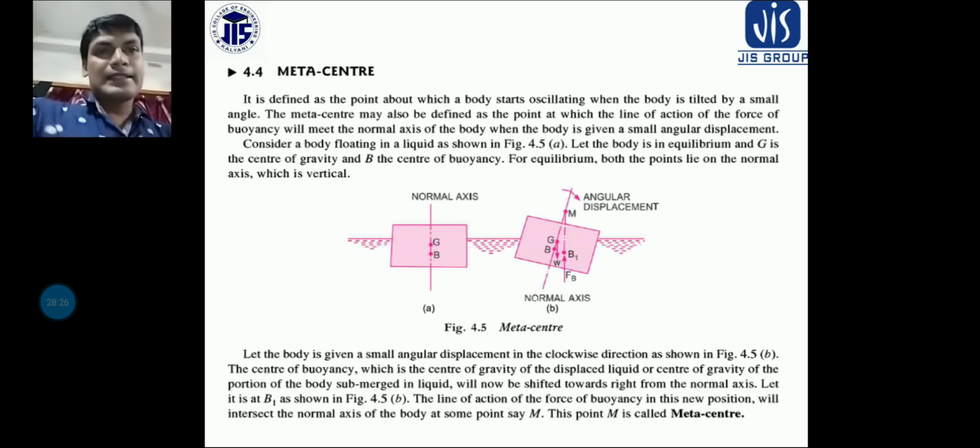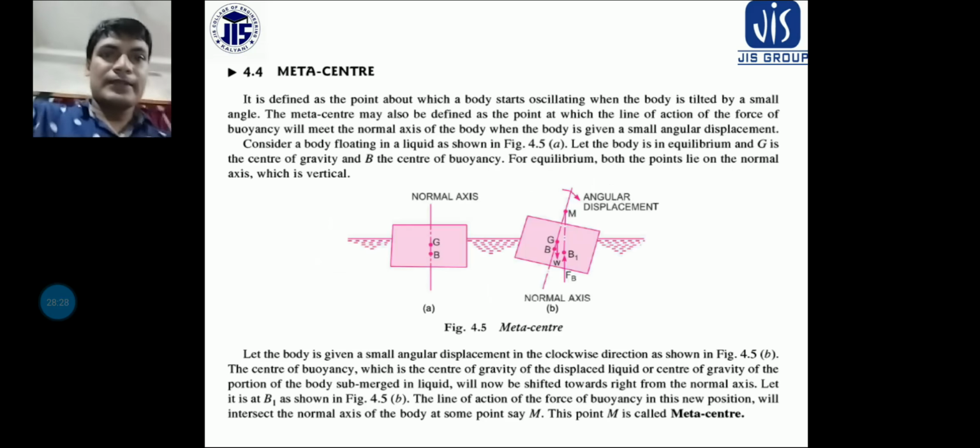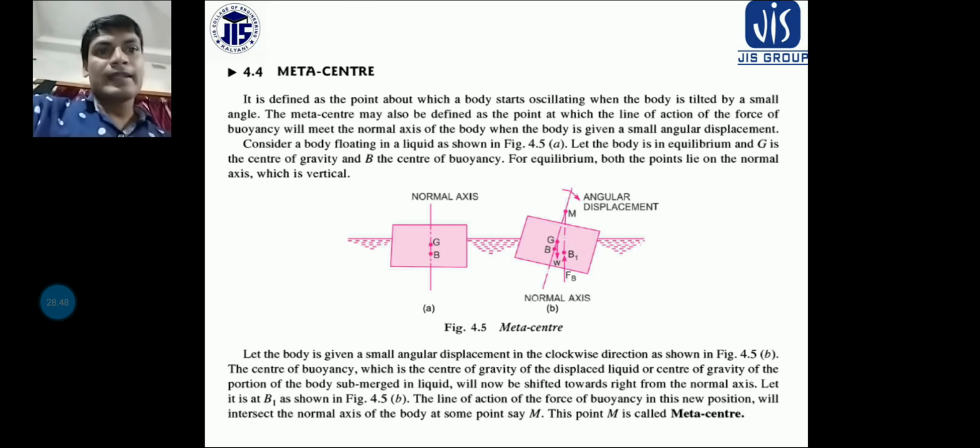Now next is the metacenter. What do you mean by metacenter? Metacenter is defined as a point about which a body starts oscillating when the body is tilted by a small angle. In the figure you can see this triangular shaped body is floating, and the normal axis, and B is the buoyant force and G is the center of gravity.